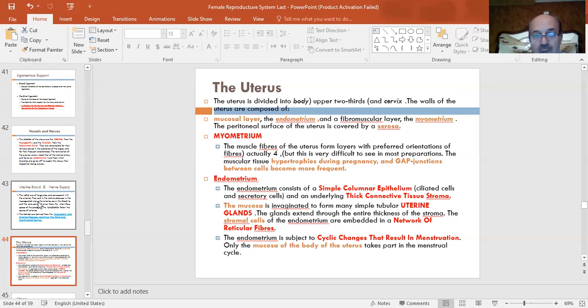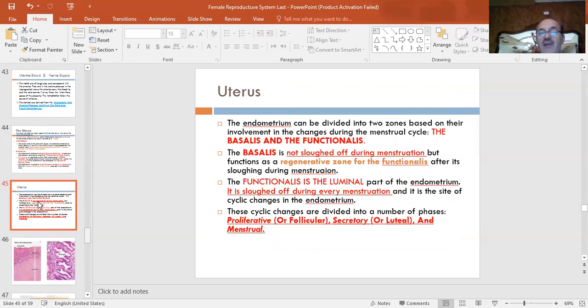We spoke about the mucosal gland. The other aspect is the endometrium. This endometrium, in fact, is influenced by the same hormones that stimulate the development of the oocyte.